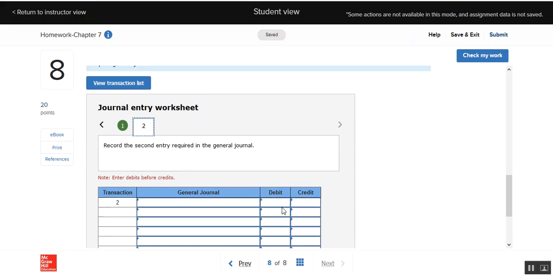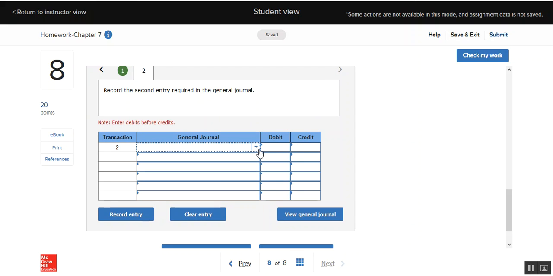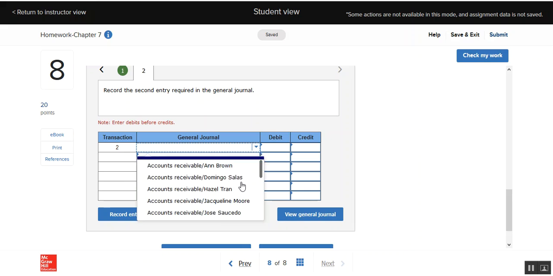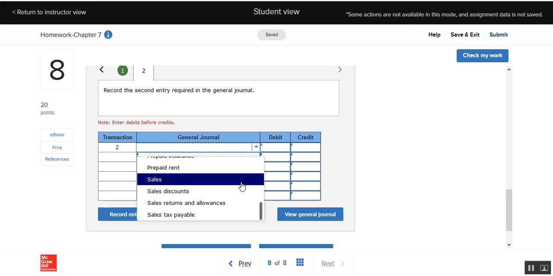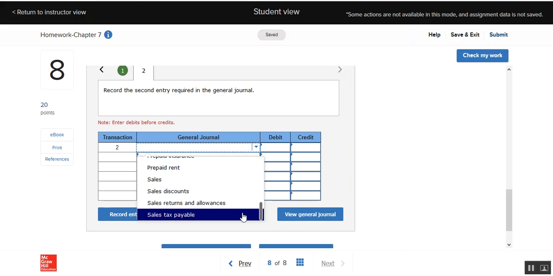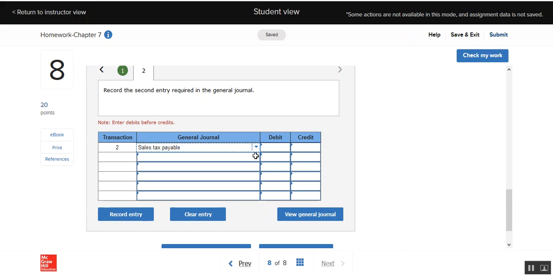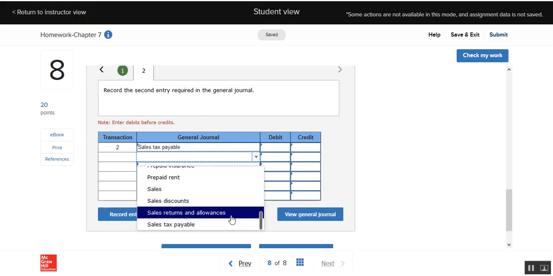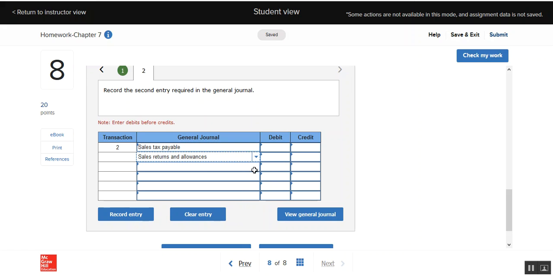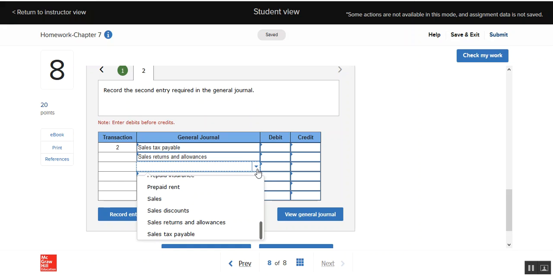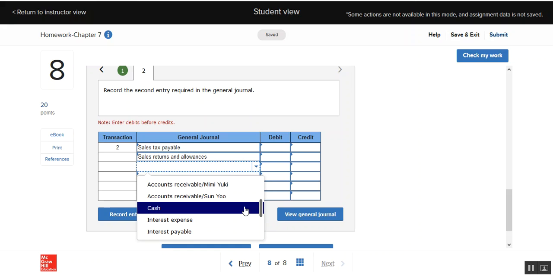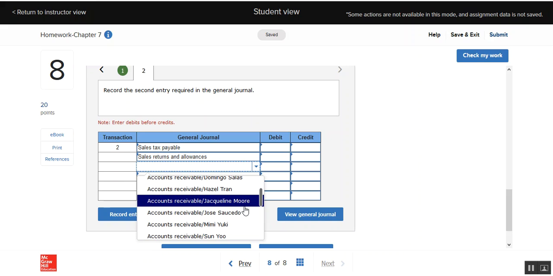We need to go to the second entry. And we're going to refund her some sales tax. So that's one of our debits. We're going to record the sales return and allowance for the allowance that we're giving her for those scratches. And we're going to decrease what she owes us.